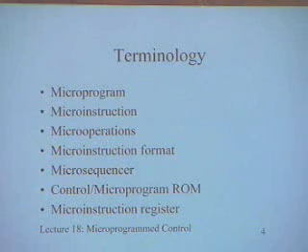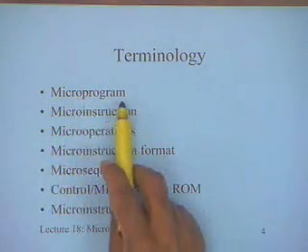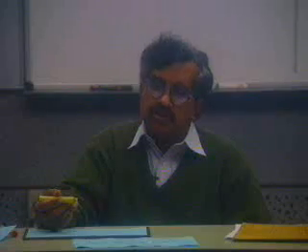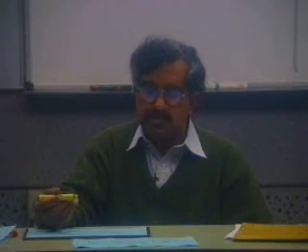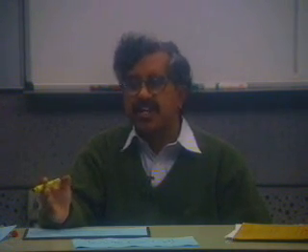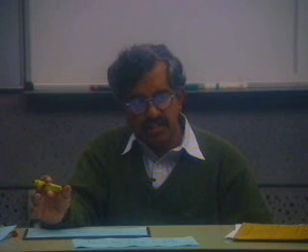Microinstructions are the components of the microprogram. Each instruction of a microprogram is a microinstruction. You can write a microprogram as 1s and 0s in binary, and there are also systems available where you can write it in a symbolic notation. But the levels are not different, just like you can write either in machine level or assembly level. There is a 1-to-1 mapping between an assembly level instruction and a machine level instruction.